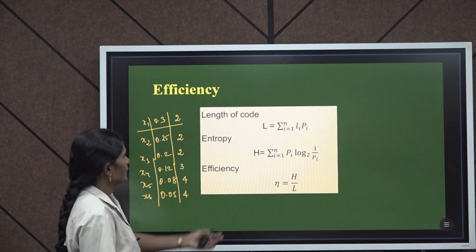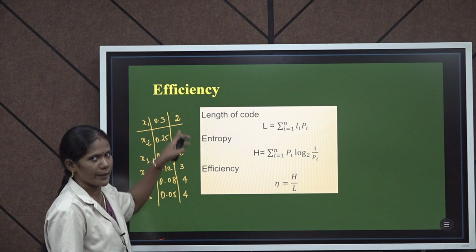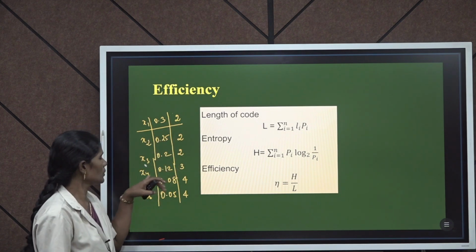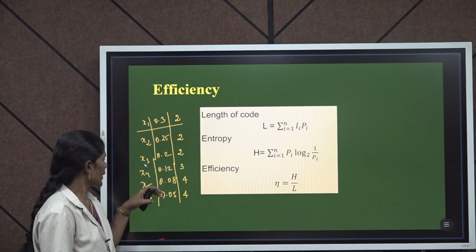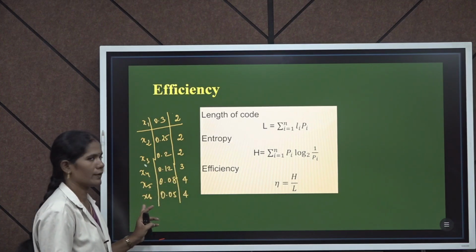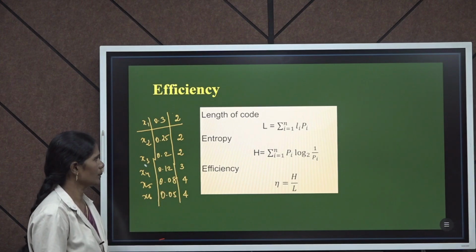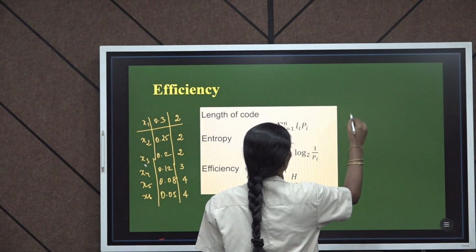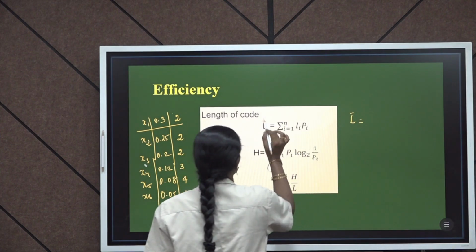Okay. In the previous table we identified this length, right? For x1 it is 2, x2 also 2, x3 2, x4 it is 3. For x5 the length will be 4, for x6 also 4. Now we can find the length of code, this L bar, right?